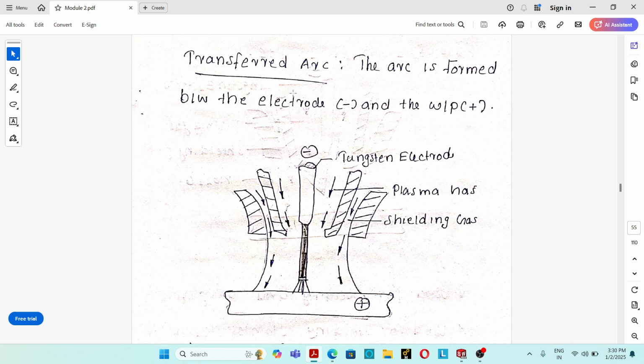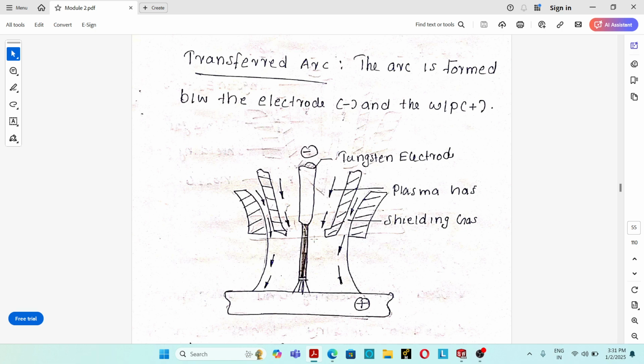In the transferred plasma arc welding process, the arc is formed between the electrodes. This is the tungsten electrode, negative, and the workpiece, positive. The arc is formed between the tungsten electrode and the workpiece, and shielding gas protects the arc from atmospheric contamination. This is the shielding gas and this is the plasma gas.